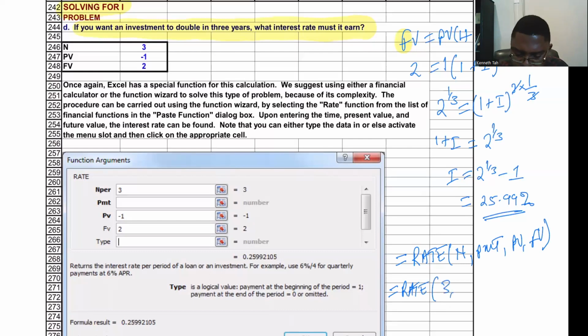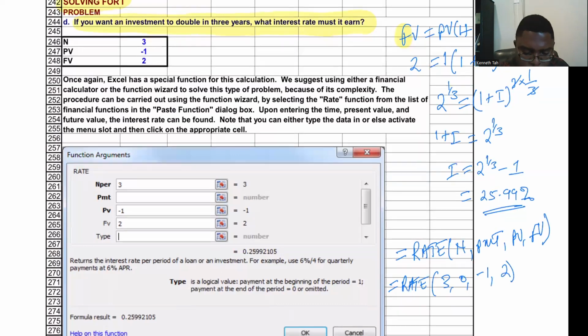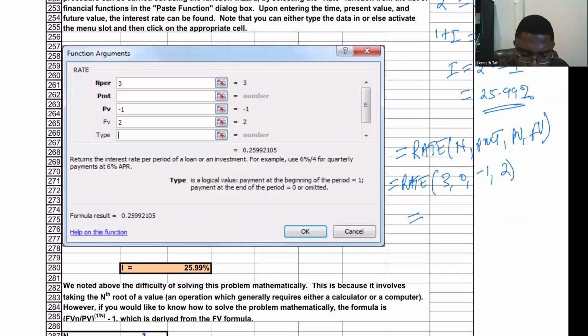Number of period is 3, payment is 0, present value -1, future value is 2. Once I do that, I will end up with 25.99 percent.